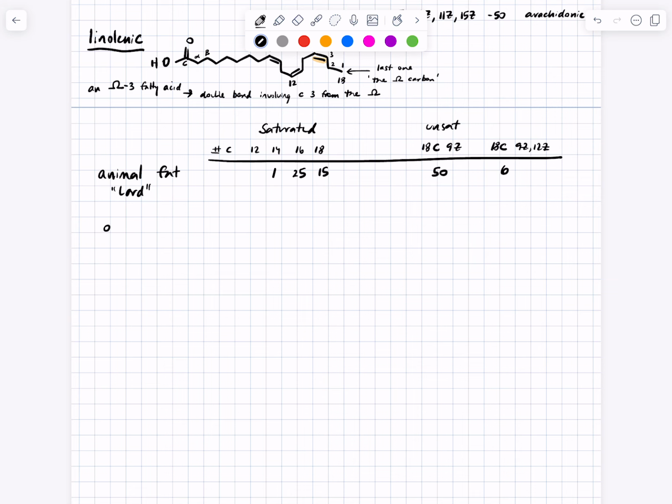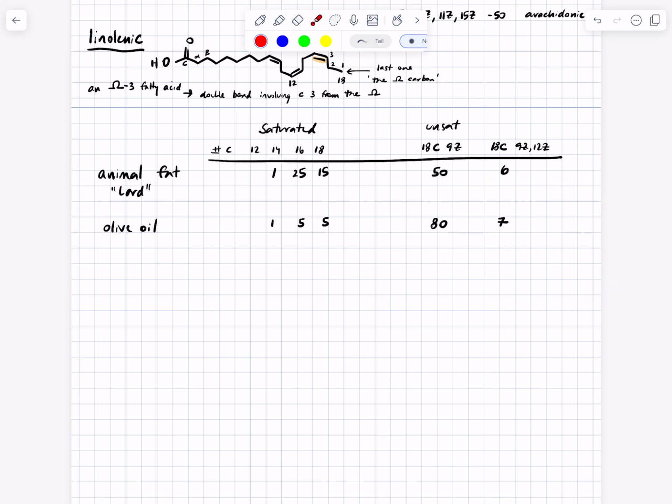If we switch to olive oil, you see a dramatic difference. So olive oil has only 5% of the 16 carbon and 5% of the 18 carbon saturated fat, 80% oleic acid, and 7% linoleic.